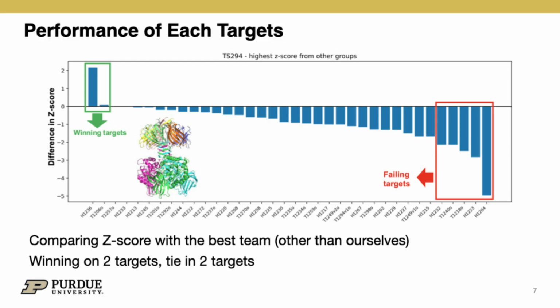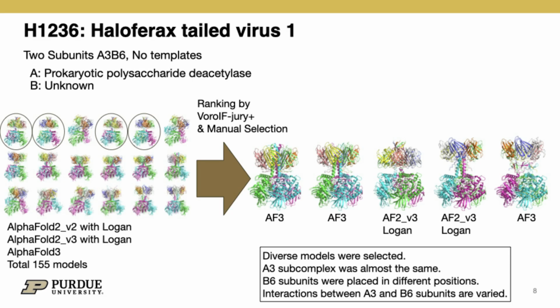Okay, so this is the one which we won a lot. This is the A3B6 complex. As I mentioned, we ran AlphaFold 2 with Logan, and then AlphaFold 3, and then we did the jury ranking.